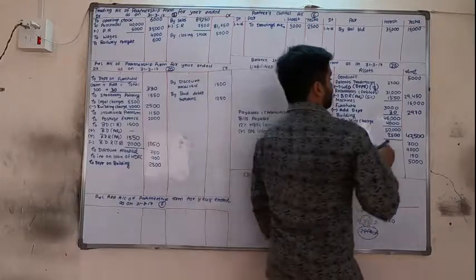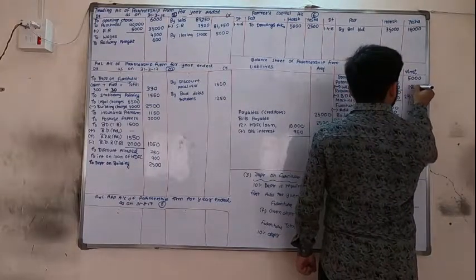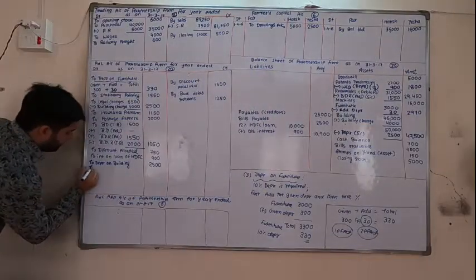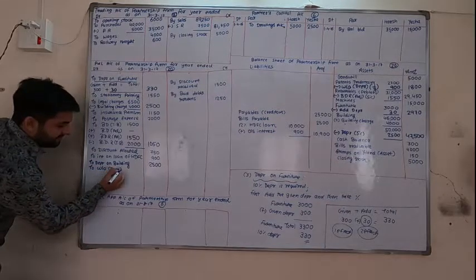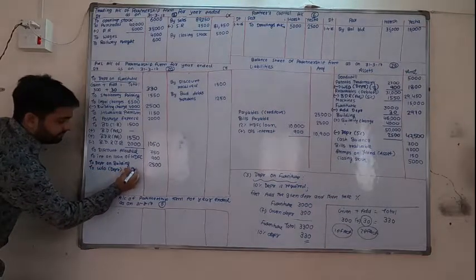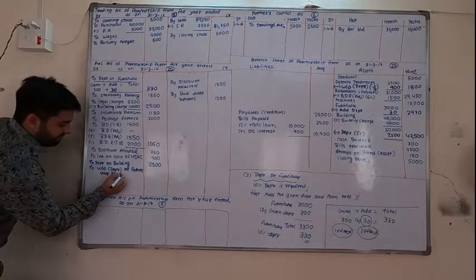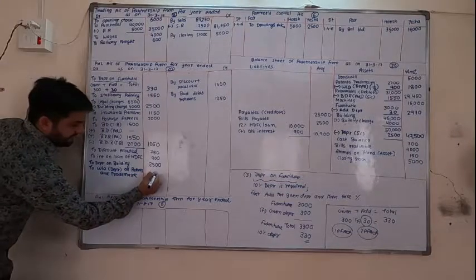So 2,700, 1/3 is 900. So in the outer column it is 1,800. Again here debit: written off, in bracket depreciation on what? On patents and trademarks, rupees 900.